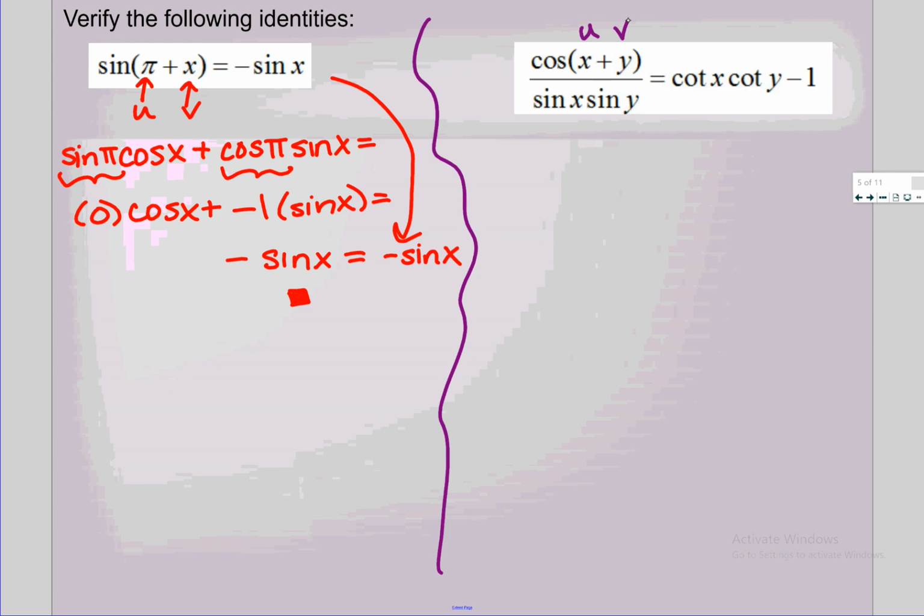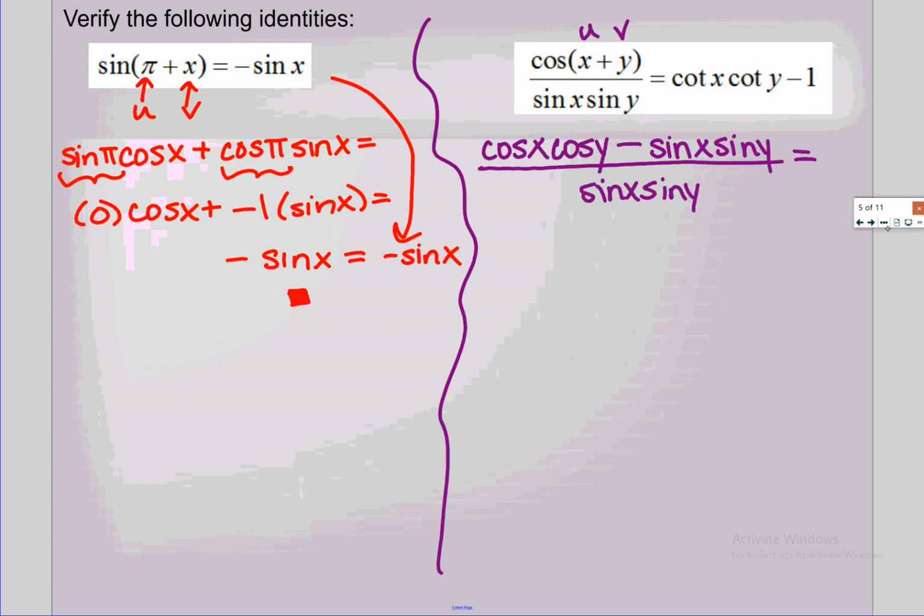So, cosine u, which is our x, cosine v, which is our y, minus sine u, sine v. So it's going to be sine x, sine y, over sine x, sine y. And I'm just going to leave that right side alone again right now.